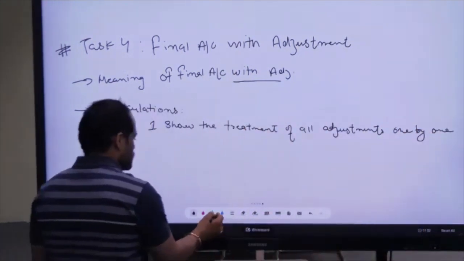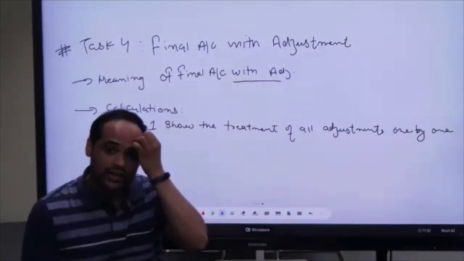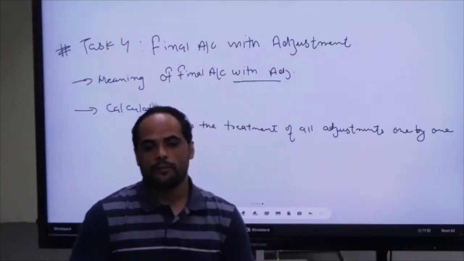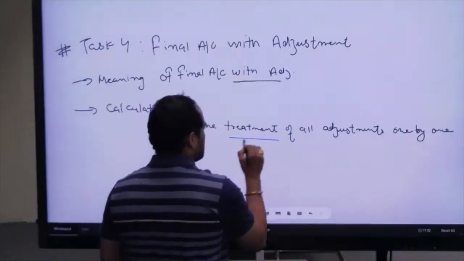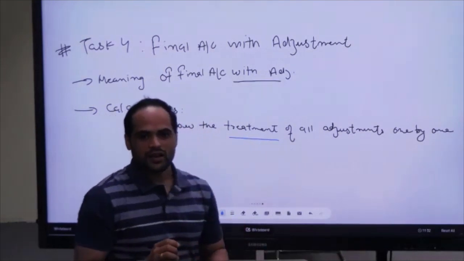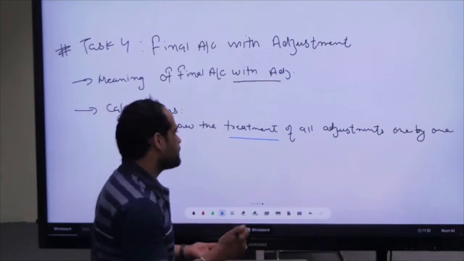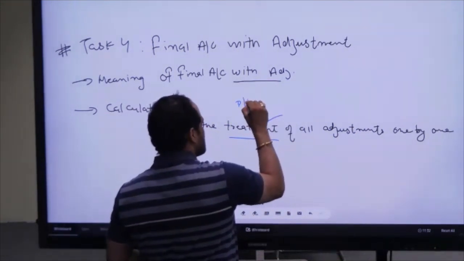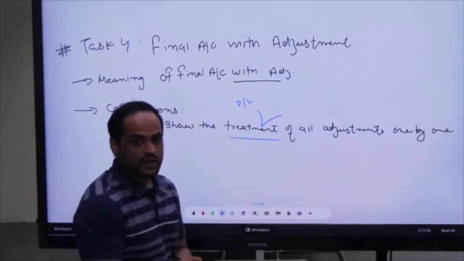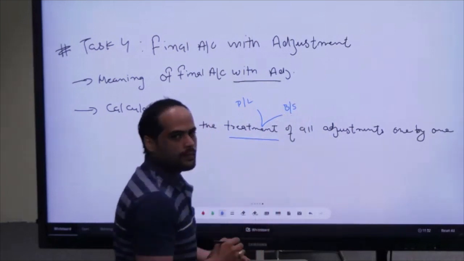So you have to show the treatment of all adjustments one by one, right? Now, what does treatment mean? Treatment means how you will adjust it. Treatment means what will be the impacts on the income statement, which is the profit and loss account, and what will be the impacts on the balance sheet, right?